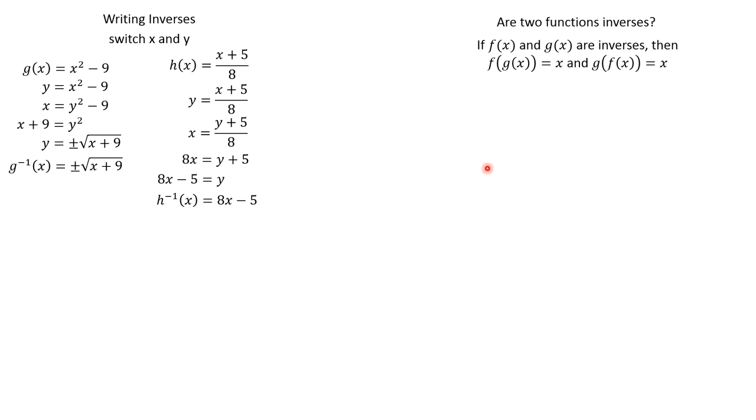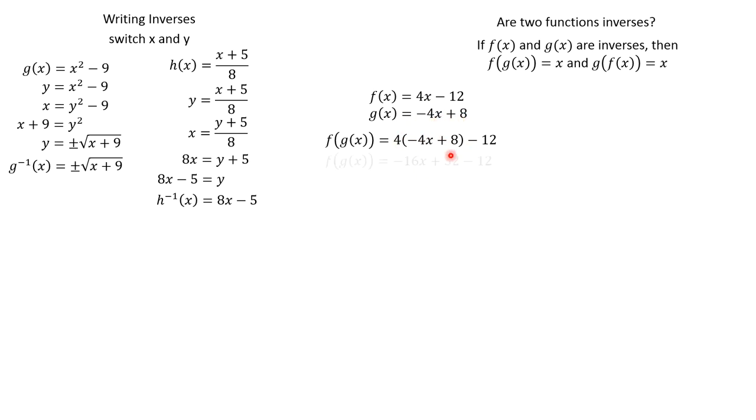So let's take a look at a couple. Let's use f of x equals 4x minus 12, and g of x equals negative 4x plus 8. Are these two inverses? You might have an answer just by looking at it, but let's try. Let's go f of g of x. So we're going to take our f function, 4 times something minus 12, and we plug in the g of x, that's something.